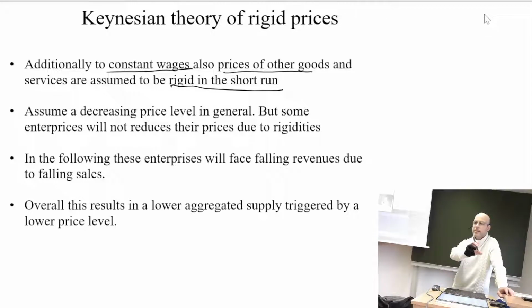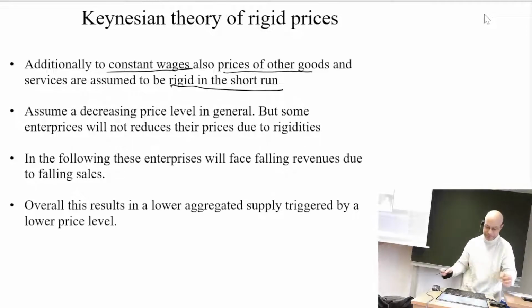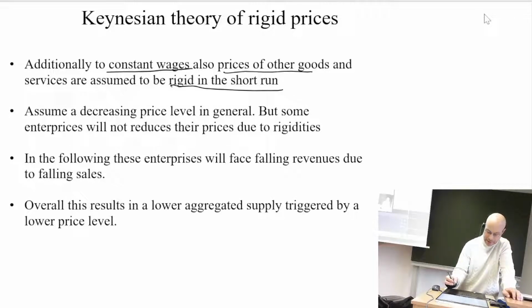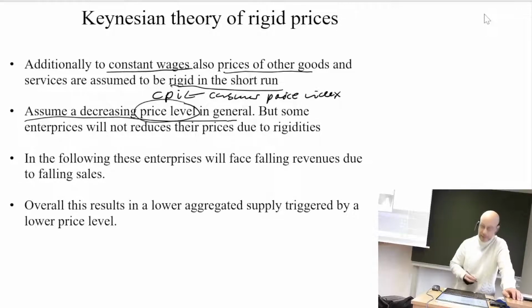And now we have to distinguish between two things: a general price level, for example, measured in the consumer price index, and my single price of my product, what I am selling in my company. So then it could be the case that the price level, consumer price index, is falling.